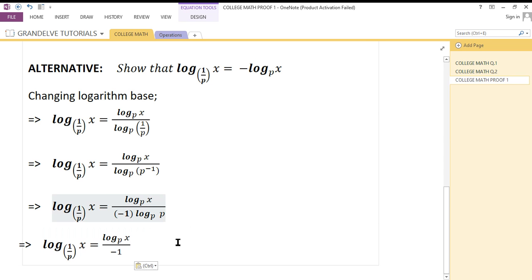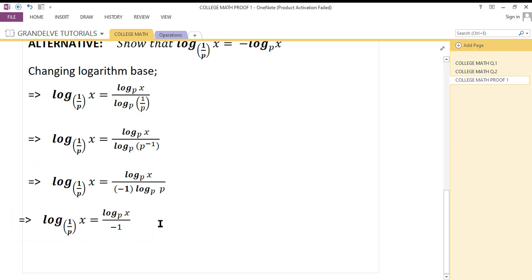So at this time, I think you've seen that it is now possible to conclude that any number divided by -1 is that same number negated.